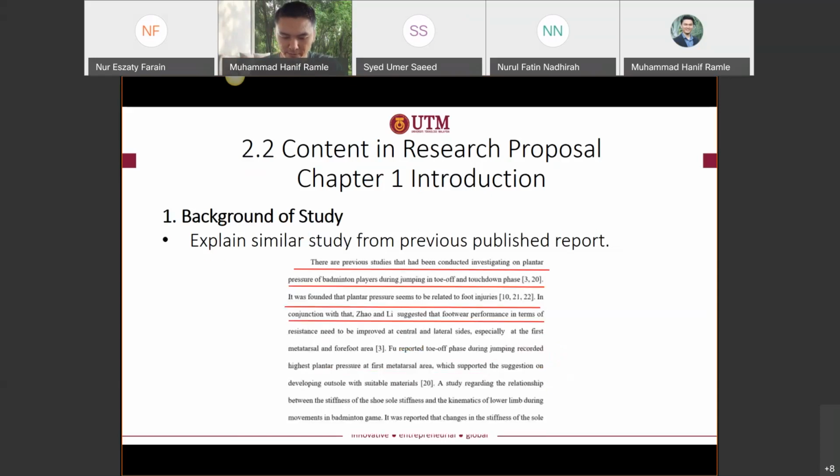Okay, for example. And also maybe in your background of study you have to explain similar studies from previously published reports. This one that I show you is an example for biomechanics. There are many previous studies that have investigated the flutter pressure of badminton players during jumping, take-off and touchdown phases.